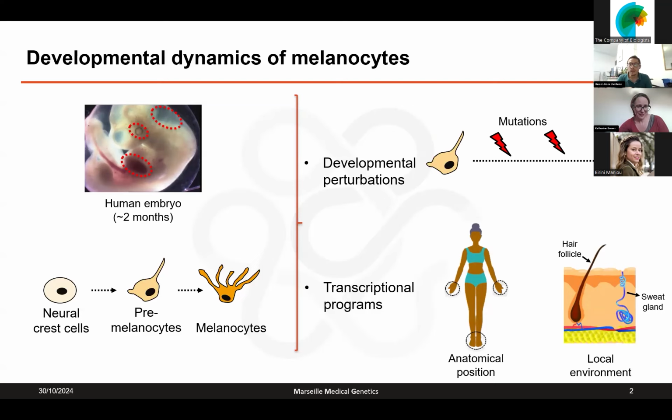And this has tremendous implications in our understanding of melanoma, which is a skin cancer, because we now know that oncogenic drivers will not behave in a similar way if they are located in the body, or if they are located, for instance, in the extremities of our body, such as the ventral area of the feet or hands.